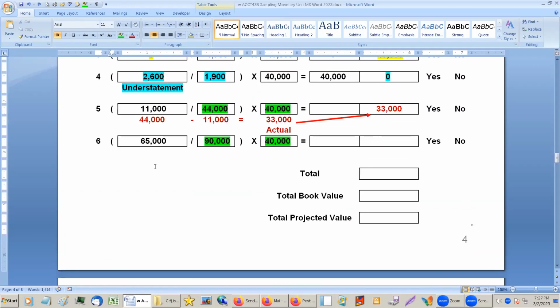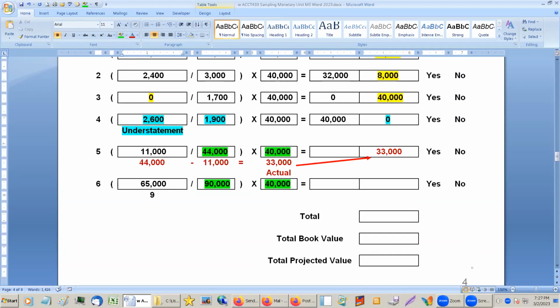Okay, I think I'm done being stupid now. I'll just go ahead and type it in. All right, so minus 65,000. Is it 25,000?